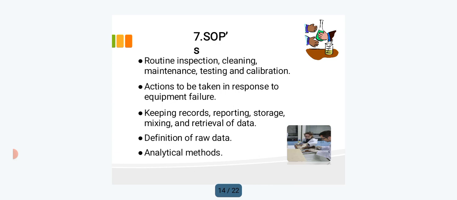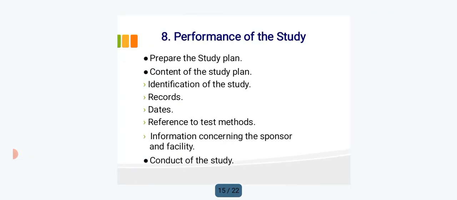The SOPs cover routine inspection, cleaning, maintenance, testing and calibrating, action to be taken in response to equipment failure, keeping of records, reporting, storage, handling and retrieval of the data, and also the raw data and analytical methods.